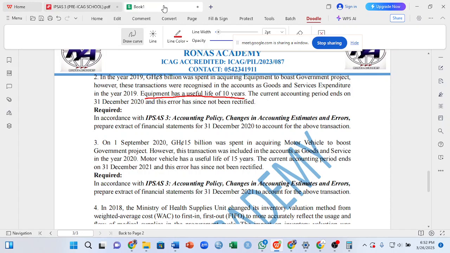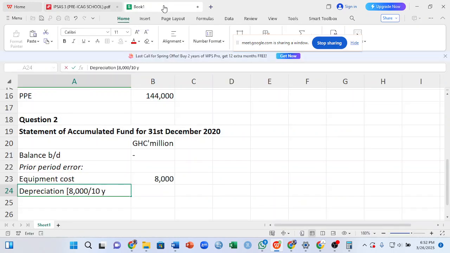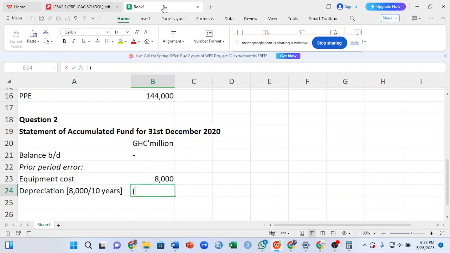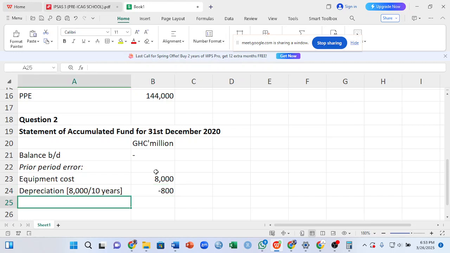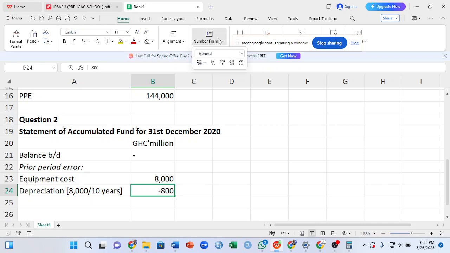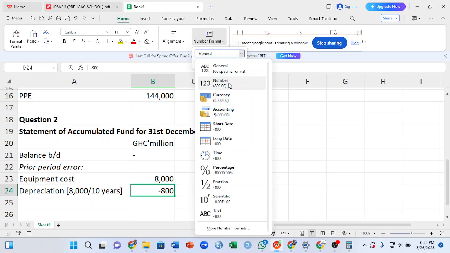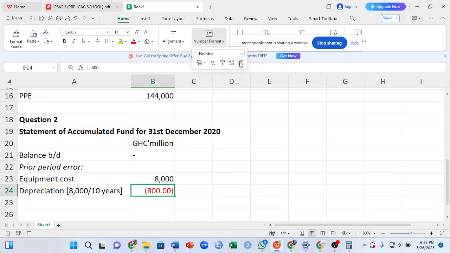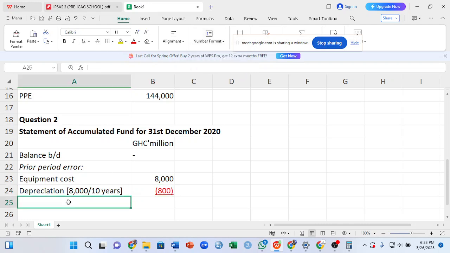So divided by 10 years, that will give us 800, or 0.8. So let's learn it to know the effects of the prior period error.